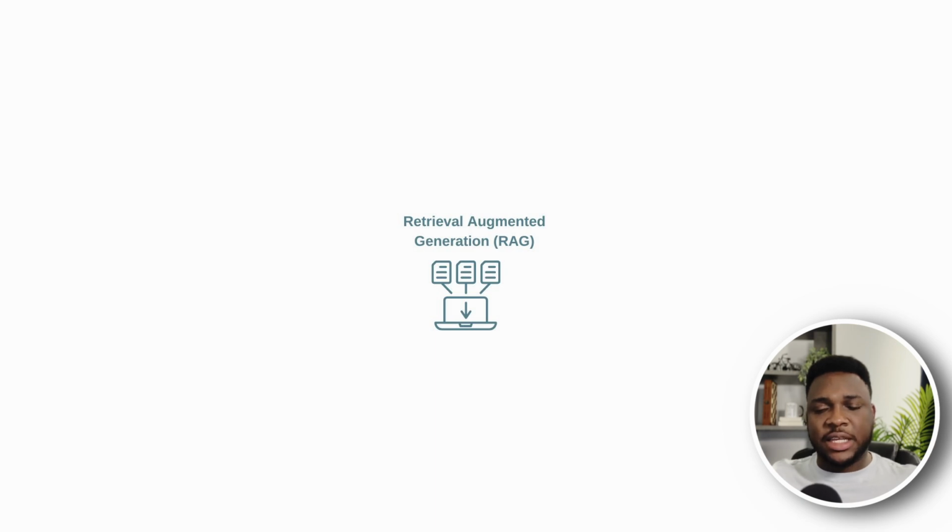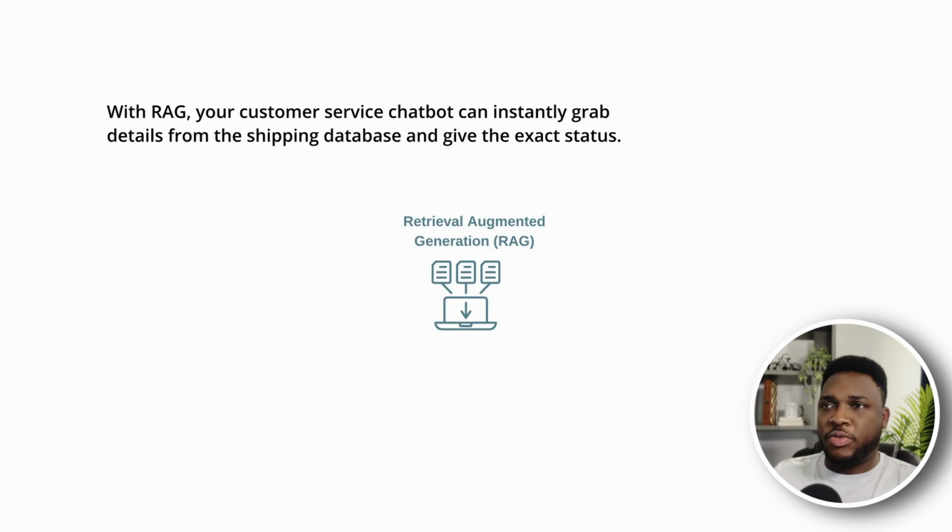So you might be asking, "David, give me an example of this." A good example is, let's say you are running an e-commerce site and a customer asks, "Where's my recent order?" With RAG, your customer service chatbot can instantly grab details from the shipping database. The chatbot is just an LLM, but now you can expose it to your shipping database, and it can go there and give the exact status of the customer's current order.